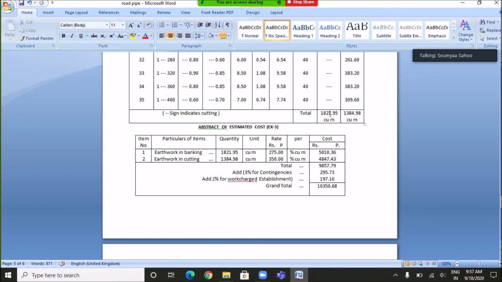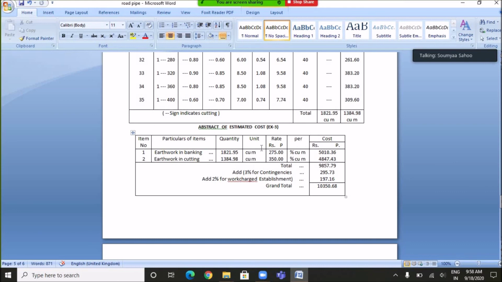Then the total quantity for banking is calculated as 1821.95 cubic meter, whereas the total quantity for cutting is calculated as 1384.98 cubic meter. And the rate per unit quantity of work is 275 rupees for banking, and it is 350 rupees for the cutting work per cubic meter.